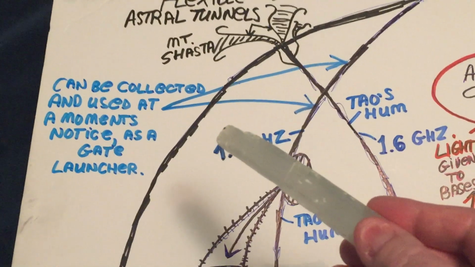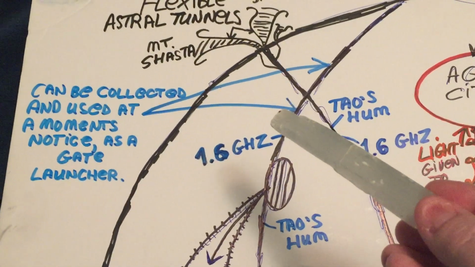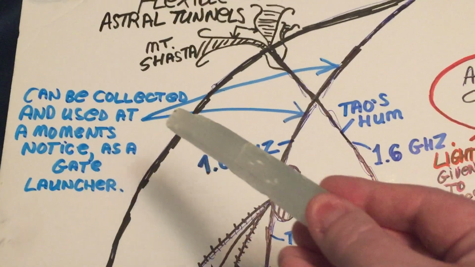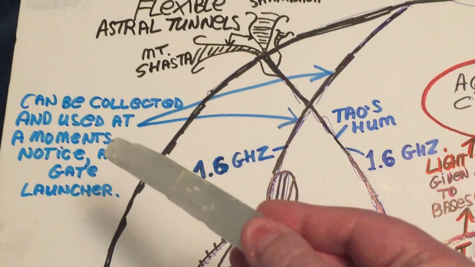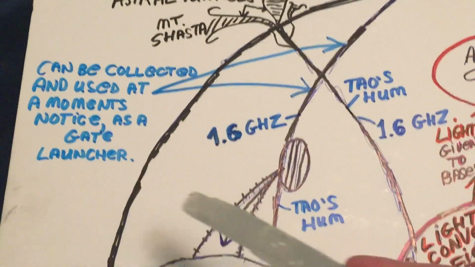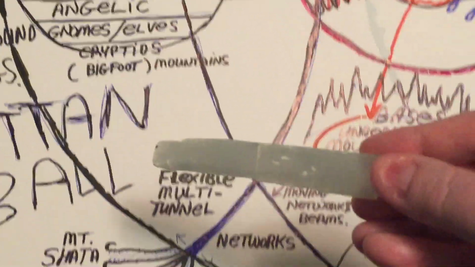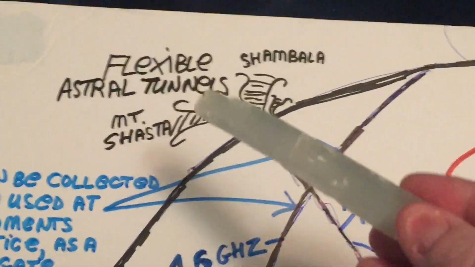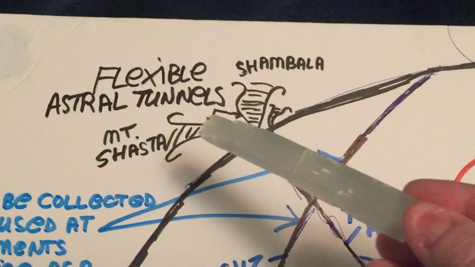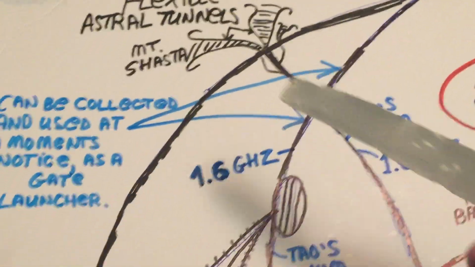Now, these Ratten waves can be collected and used at a moment's notice as a gate or a launcher, or as an open channel. They can be used as a flexible astral tunnel at any time. They're very adjustable and flexible.